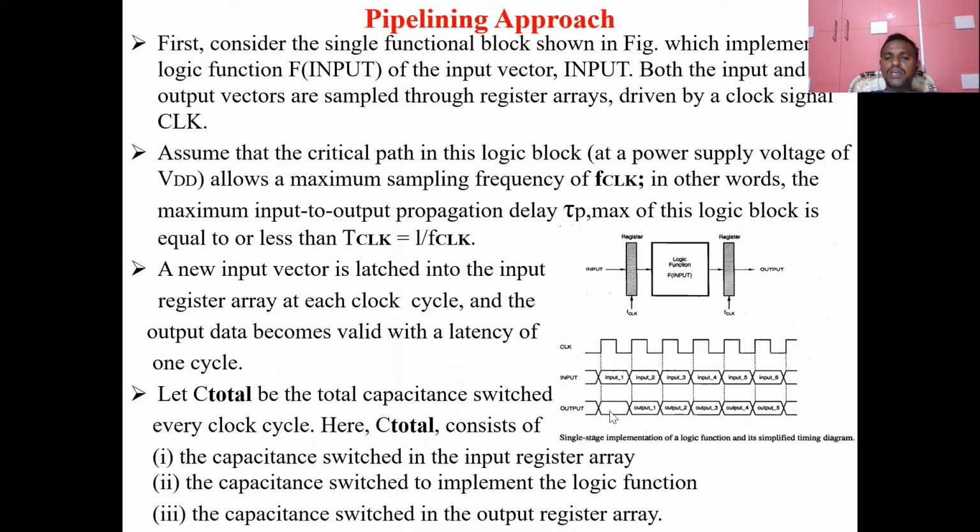Here we get one clock cycle of propagation delay to propagate the input to the output. And the total capacitance is provided by the input register array, the output register array, and at the same time the capacitance of the logic function, right?